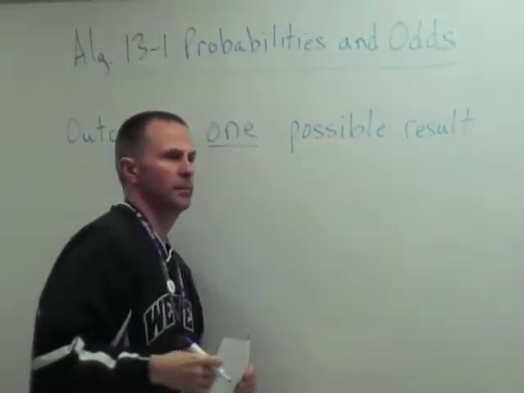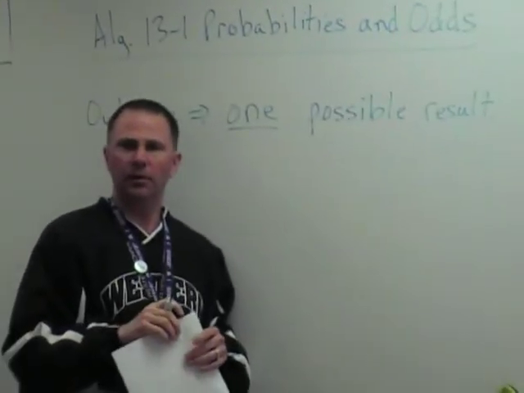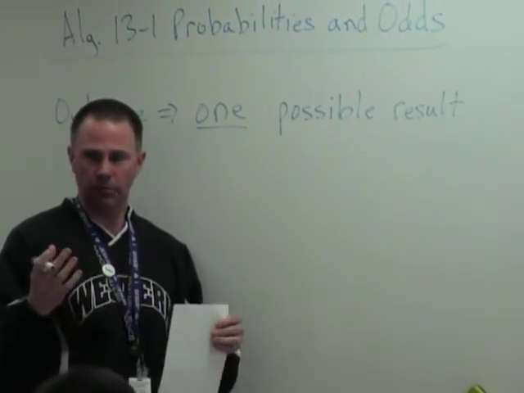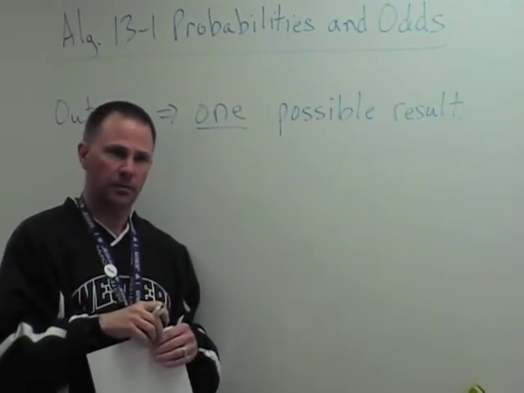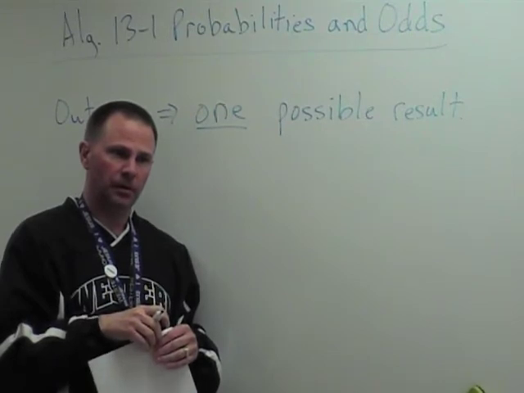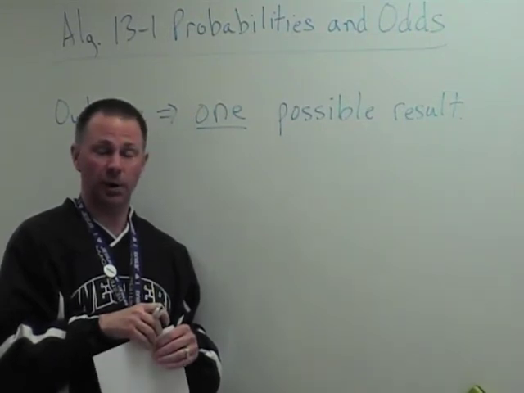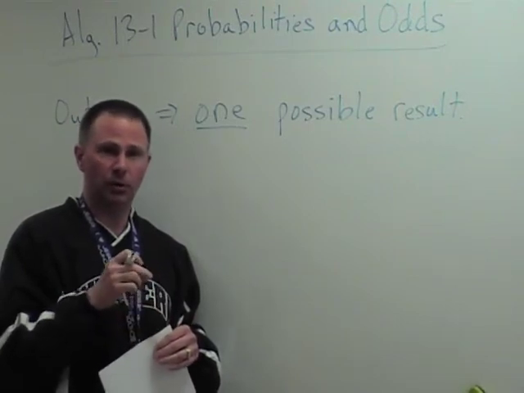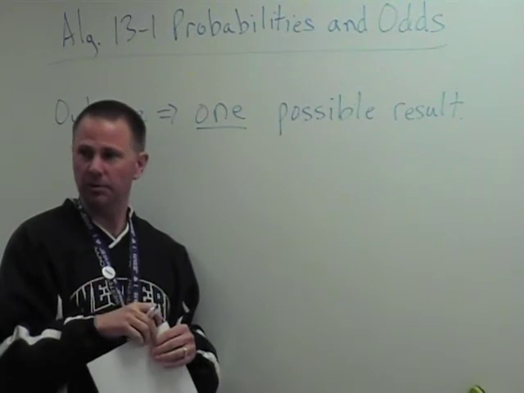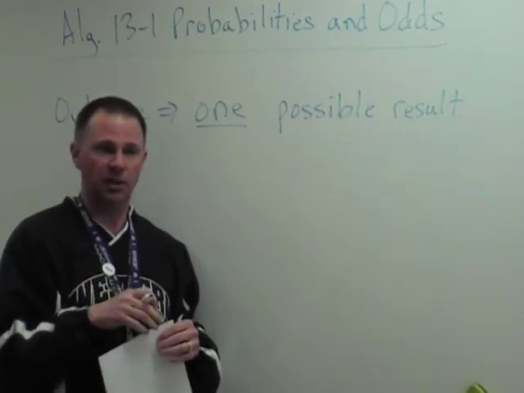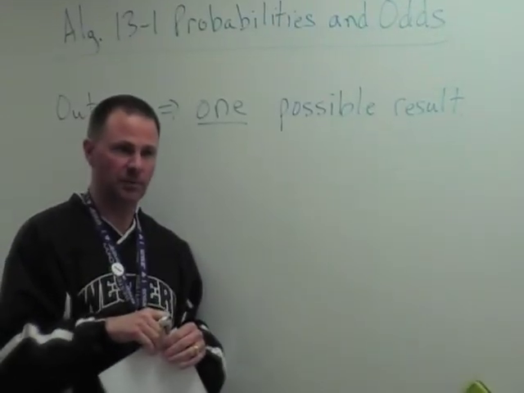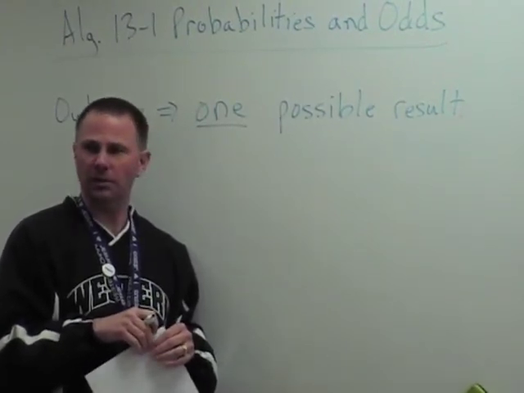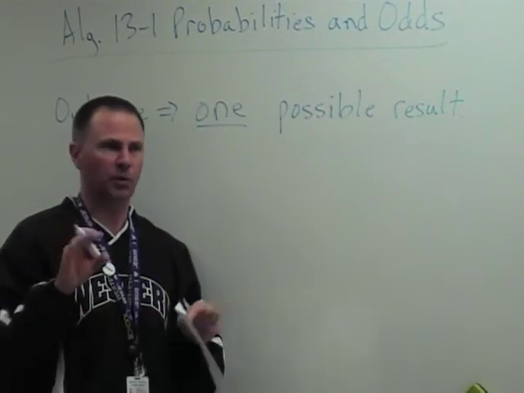Meaning, you put your hand in a bag of 10 red marbles, and you're trying to figure out the odds, or the probability, of pulling out a red marble. The outcome is you're still only pulling out one marble. Yes, it's 100% that you're going to pull out a red one, but you're not pulling out all 10. You're only pulling out one. That's important to keep in mind when we do multiple things.